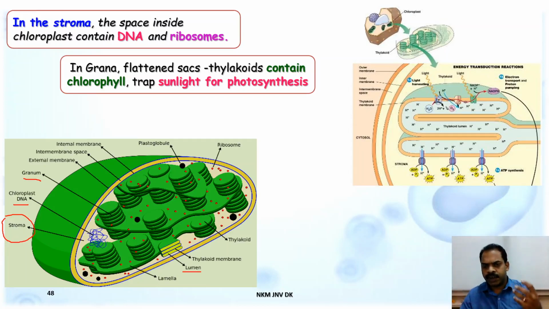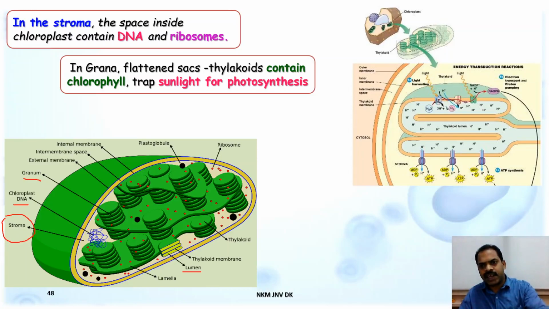Just think about that. In a big tree, there are hundreds of leaves. In a leaf cross section, the upper part, palisade, spongy parenchyma, these are mesophyll cells. In the mesophyll cells, there will be 30 or 40 chloroplasts. In the chloroplast, around 10 grana. In a granum, around 10 thylakoids.